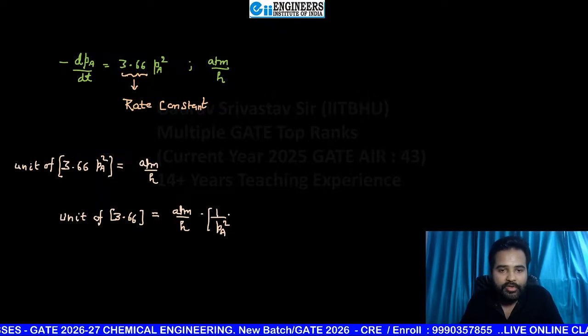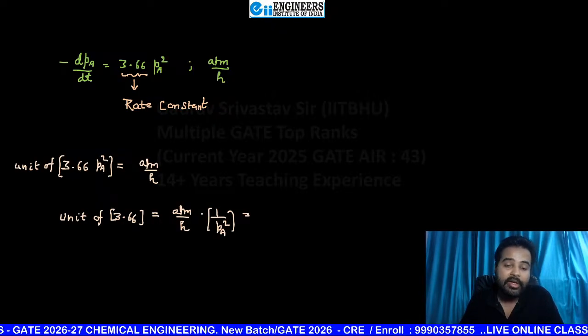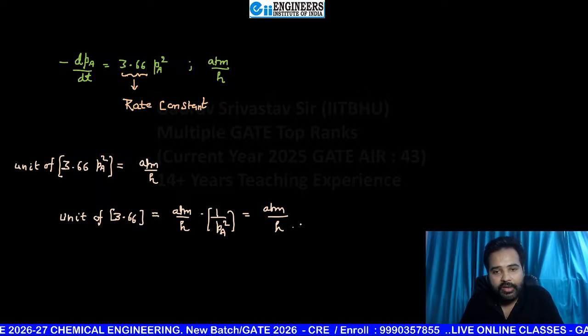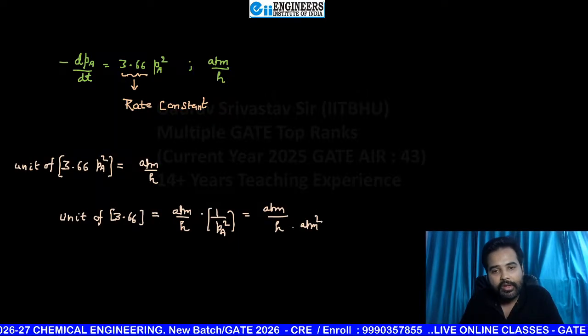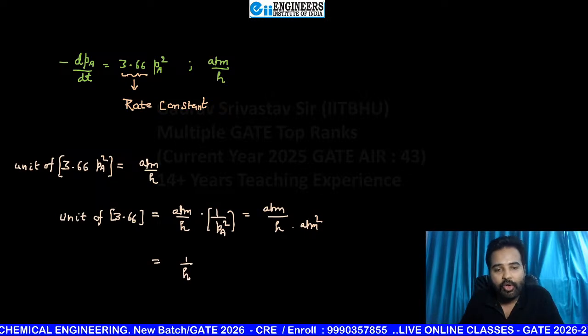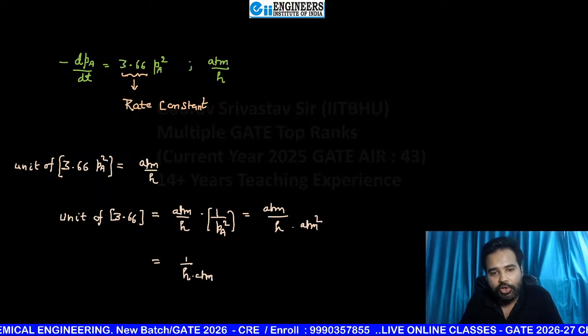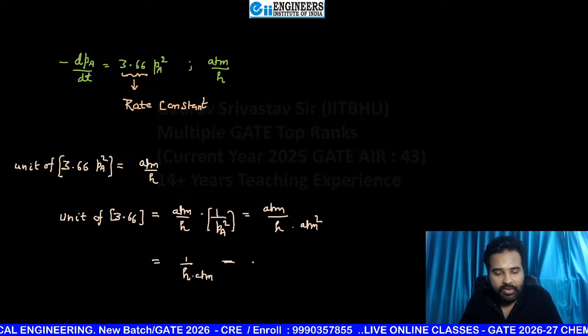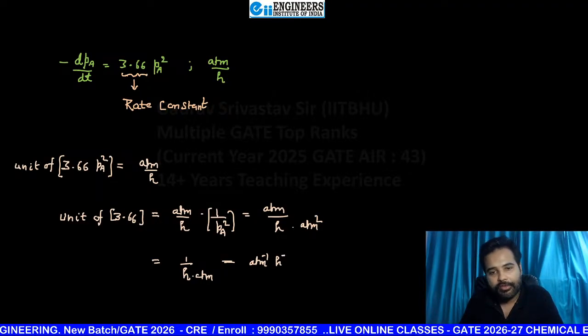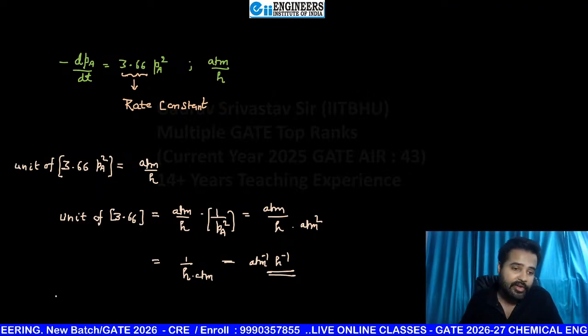Pa is pressure, so the unit is atm square. So it is 1 upon hour atm square, absolutely correct. So the unit is atm inverse hour inverse. This is the unit of the reaction rate constant.